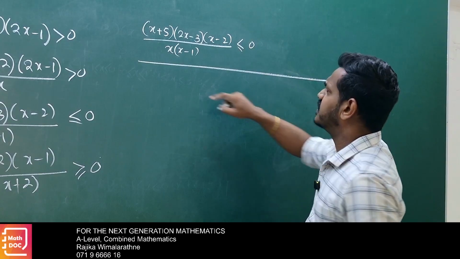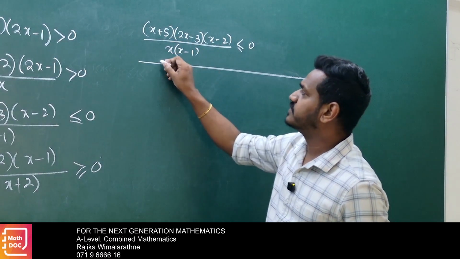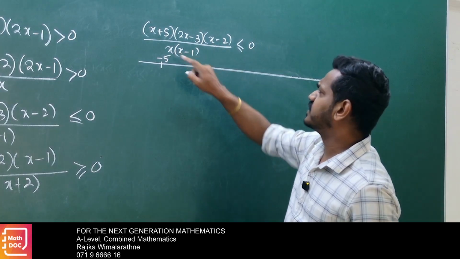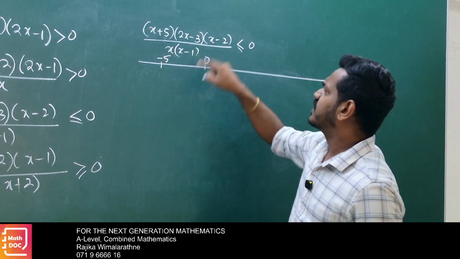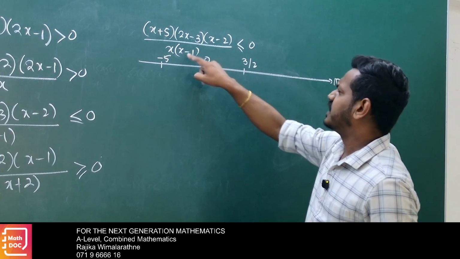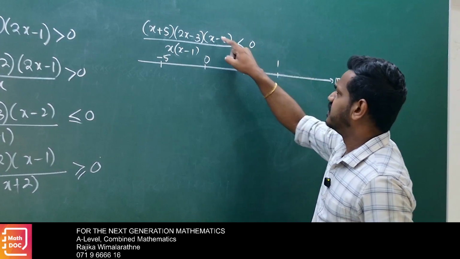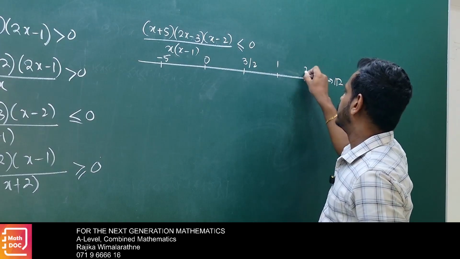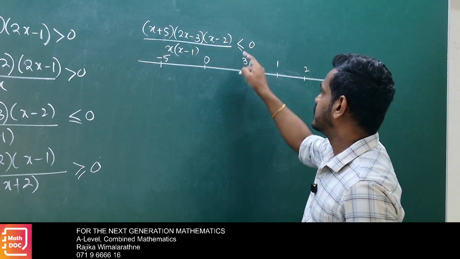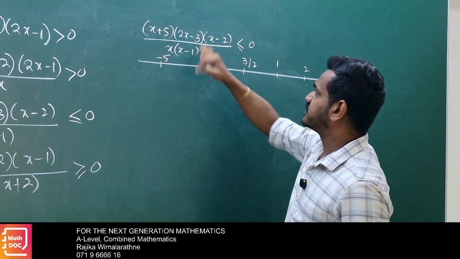On the real number line, here minus 5 and here 0 and here 3 over 2 and here 1 and here 2. That's 5 factors. Equality only comes with numerators.